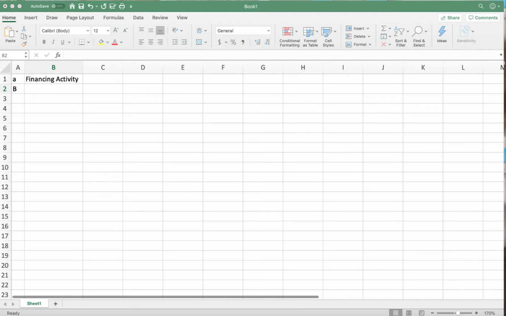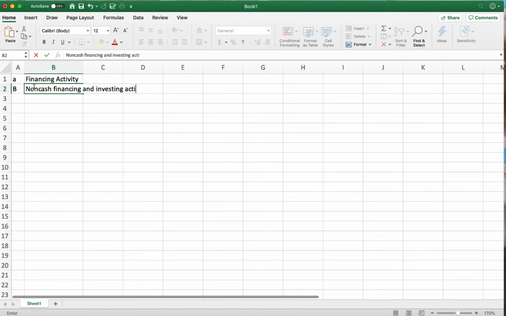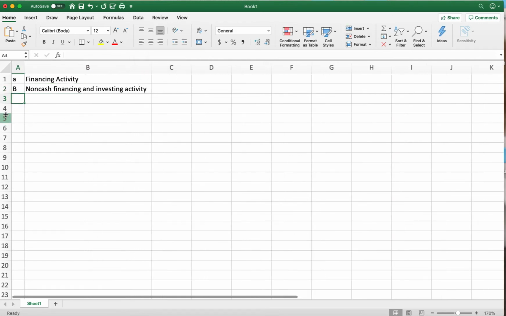Instead, we said we would sign a long-term note in exchange for this machine. That is a non-cash investing and financing activity. Okay, now let's look at C.